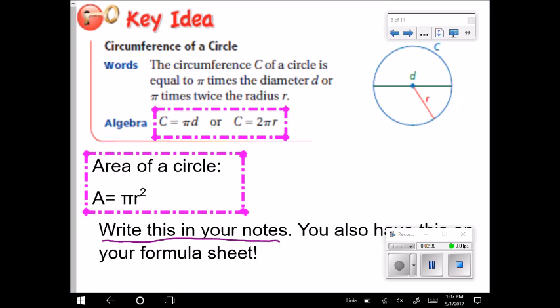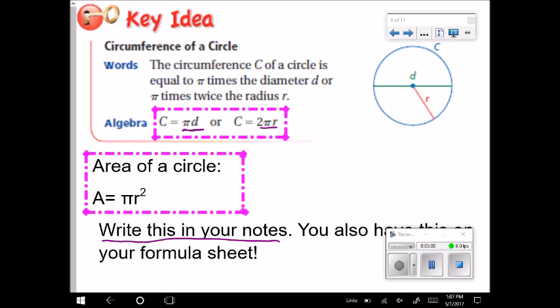So it gives you two options here. If you were given the diameter, you could multiply just the diameter times pi, as you see here. If you're given the radius, you could multiply the radius times 2 and then multiply that by pi. Either way will work.